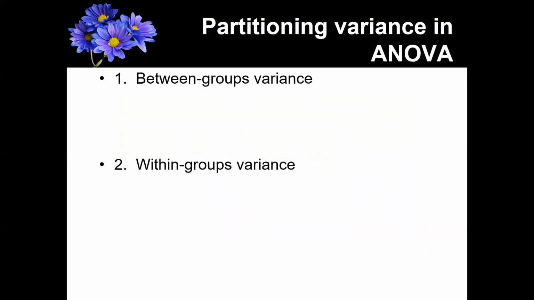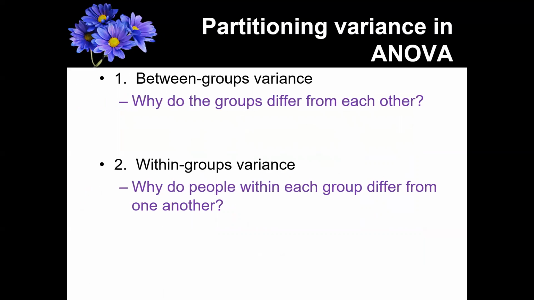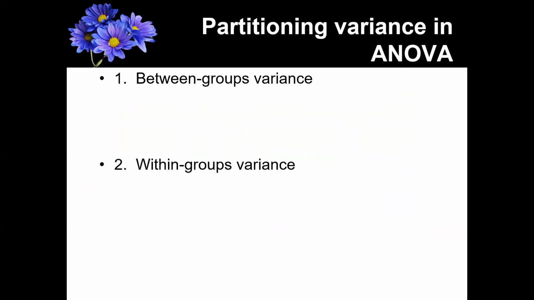Well, between groups variance is a result of two things, just like with t-tests, just like with pretty much any stat that I know of. There's between groups variance potentially because of an effect or population differences, and also because of error, because of extraneous variables.